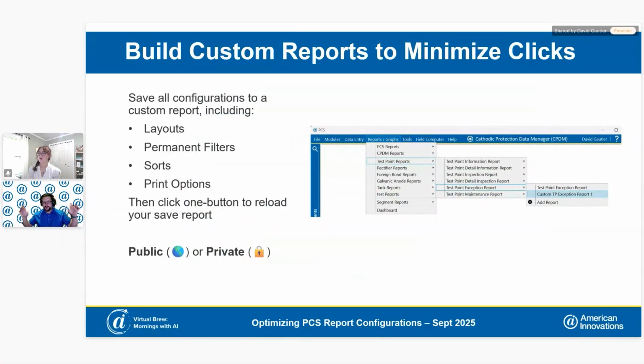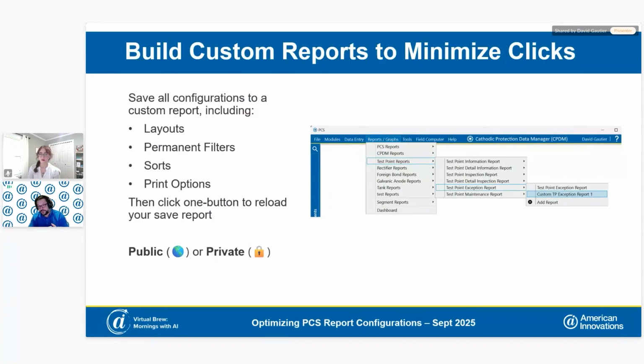Okay, so you understand how to customize what your reports look like, and understand filters. The next step is to go through and actually build a fully custom report that incorporates all of these things: your layouts, your permanent filters, any custom sort themes, all your print options.